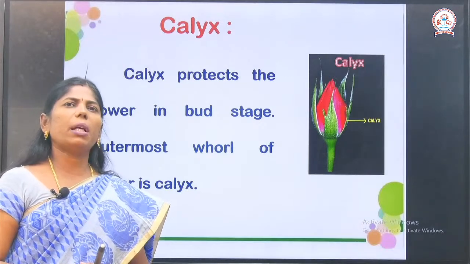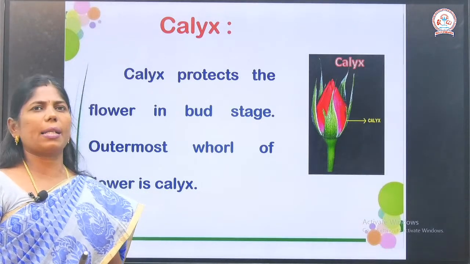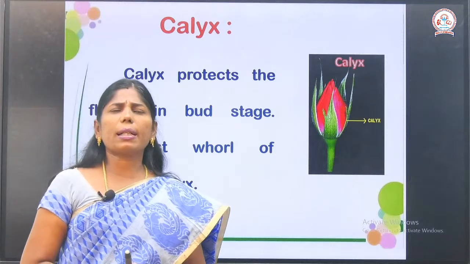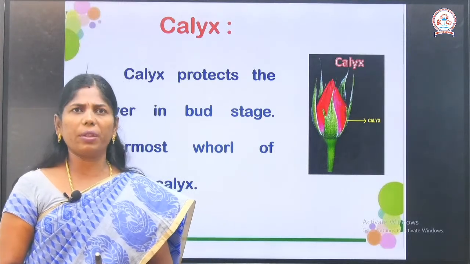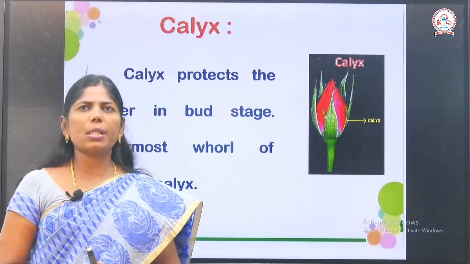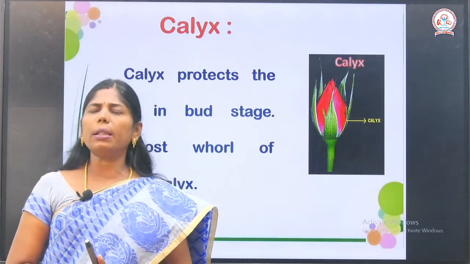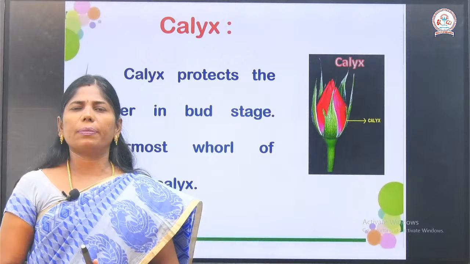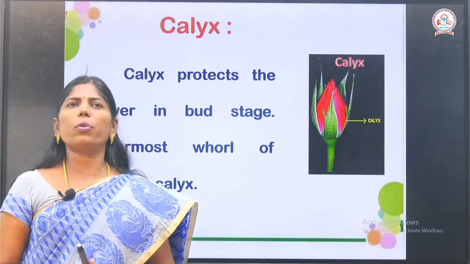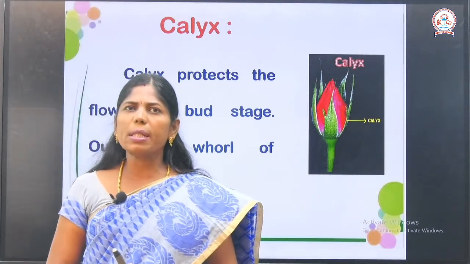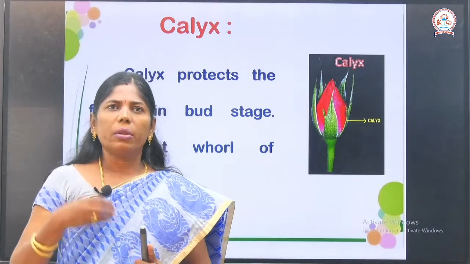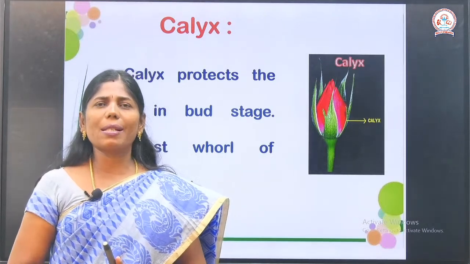Okay, ma'am. So next we are going to learn about the calyx. So, what is the calyx? Calyx is the first whorl of the flower. What are the functions of the calyx? The calyx protects the flower in bud condition, and the calyx contains chlorophyll, so it can do photosynthesis. This is the main purpose.